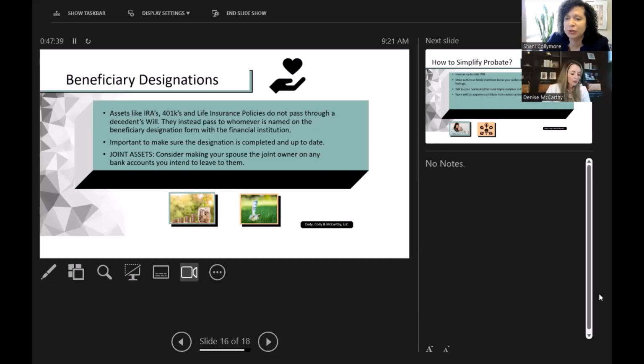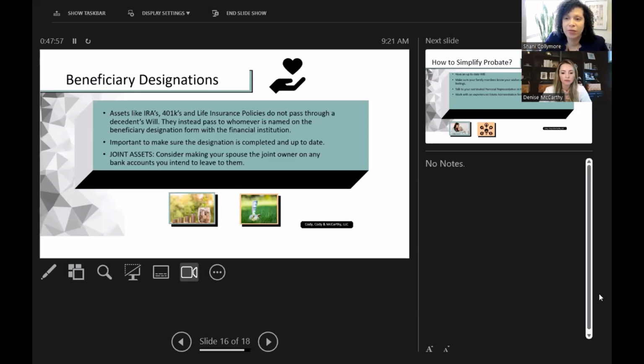Another way to avoid probate is to have joint assets with your spouse. So that could be another way. I know some couples like to have individual separate accounts.